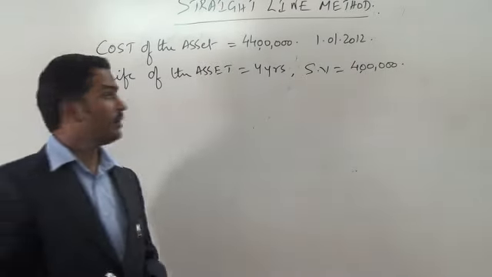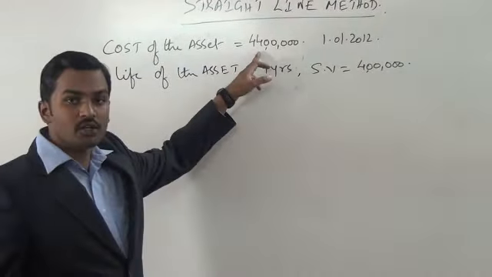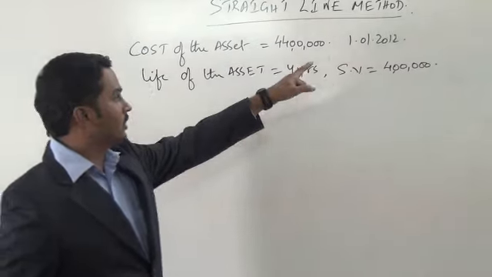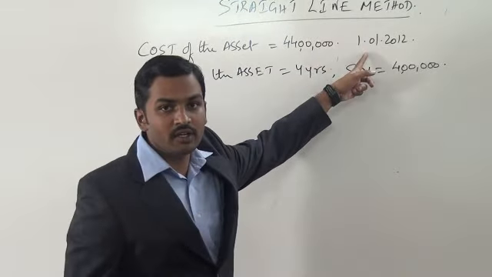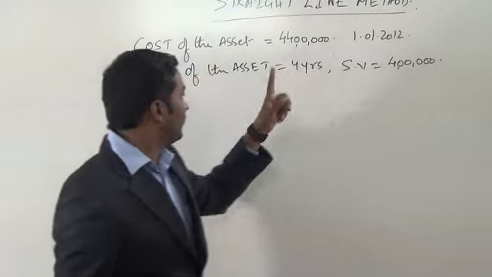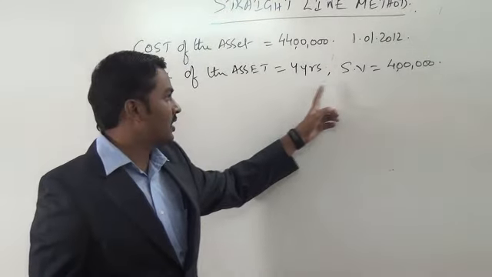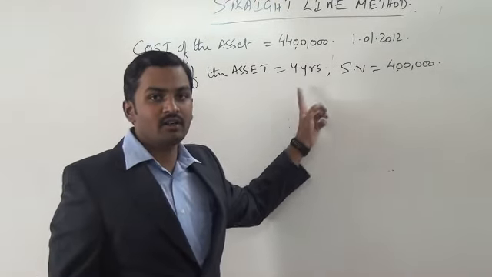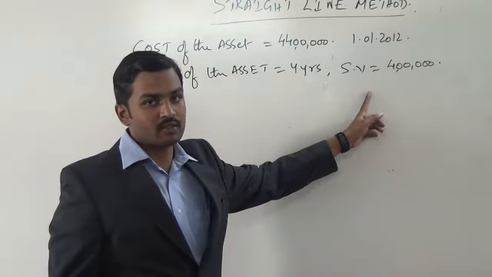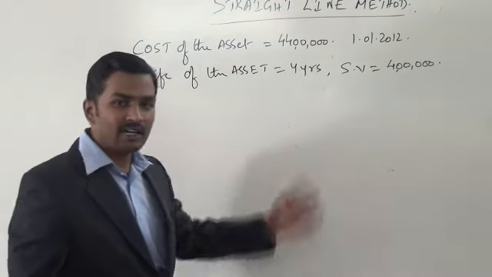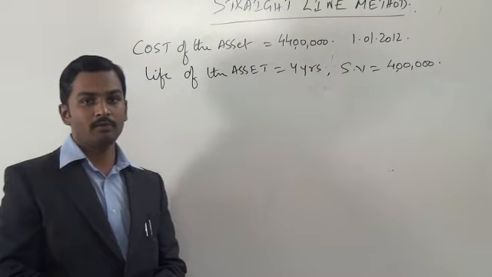There is an asset which was purchased at the cost of 44 lakhs rupees. It was purchased on 1st January 2012. It has a life of 4 years and its scrap value at the end of its useful life is only 4 lakhs. Now, can you help me in calculation of depreciation for this problem?